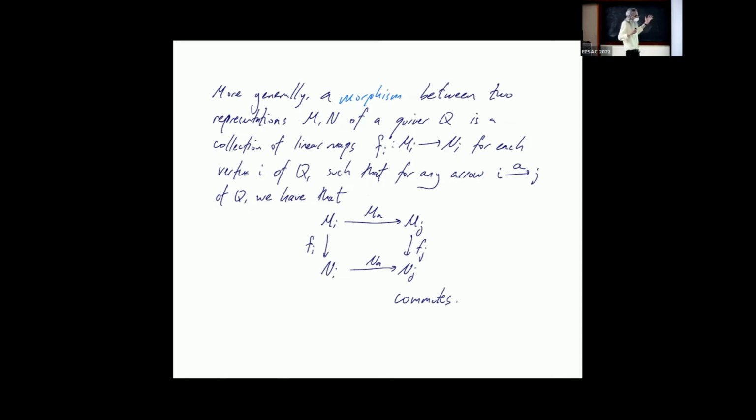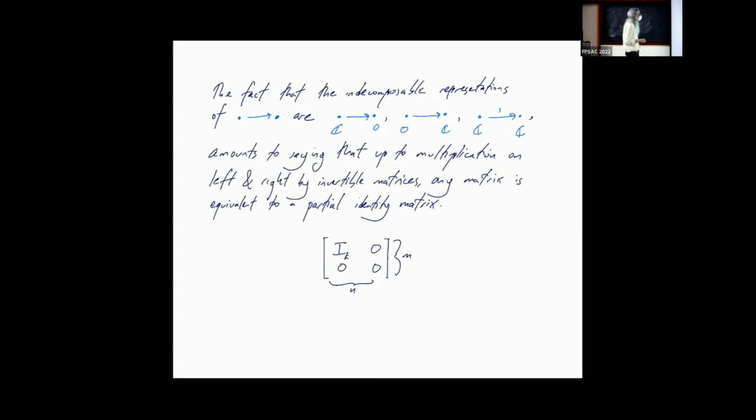So don't worry too much about what it says. It says that some triangles have to commute. So the morphisms are linear maps between the corresponding vector spaces, and they have to satisfy some commutation relation.